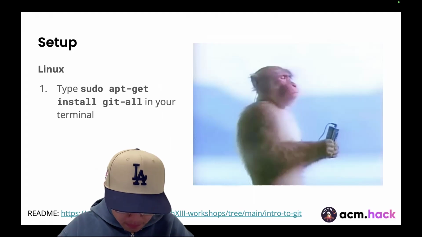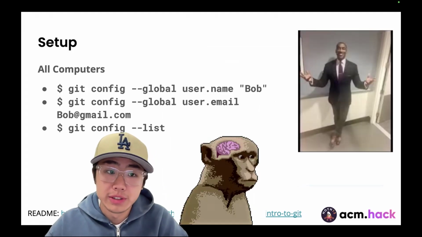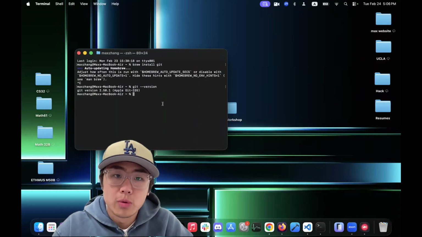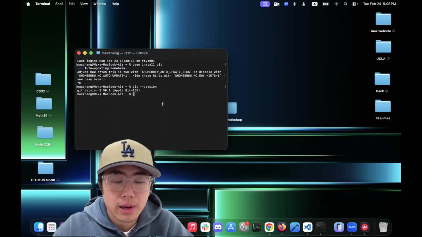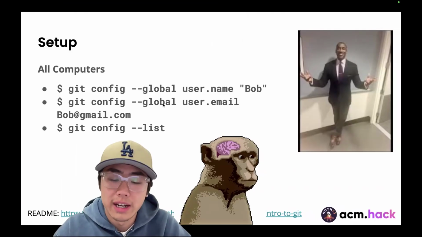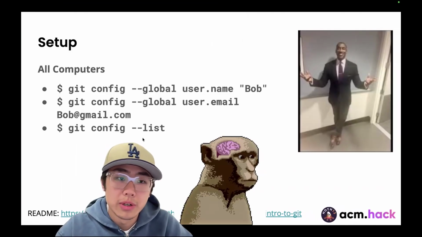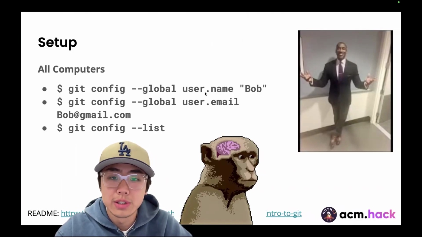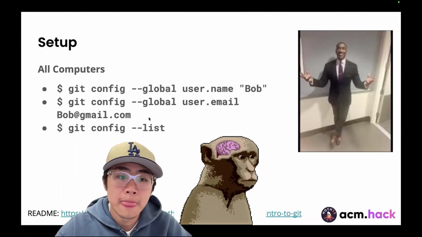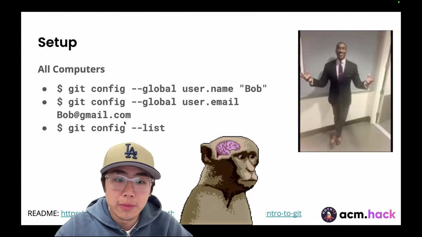Okay. Now we're going to talk about what everyone needs to do. So after you've downloaded it, in your terminal or shell or any command prompt, you want to type git config --global user.name and then quotation marks, put your name in the quotation marks, right? And then you do the same for your email.